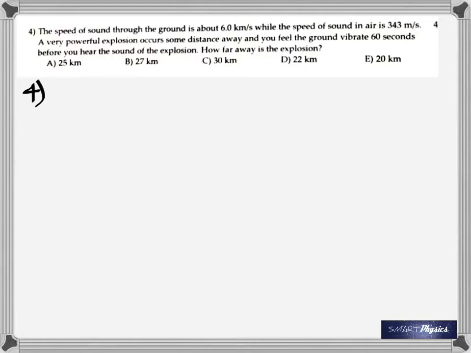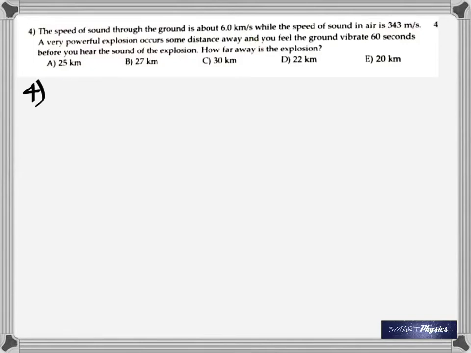Now, the 60 seconds that is given is the time difference between you hearing the sound through the air and the vibrations coming through the ground. Because obviously the vibrations through the ground get to you much faster because the speed is 6,000 meters per second.